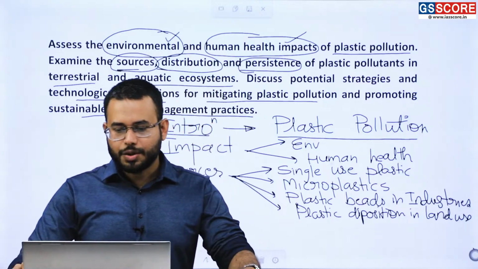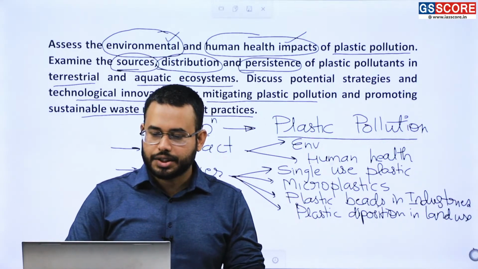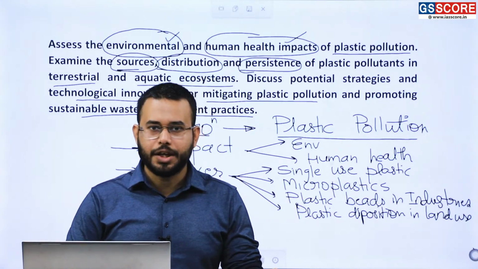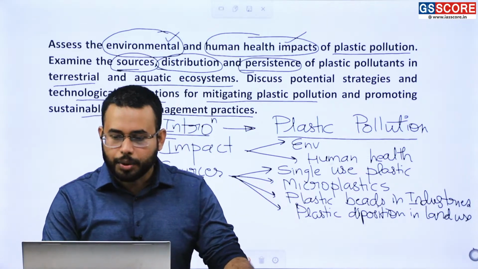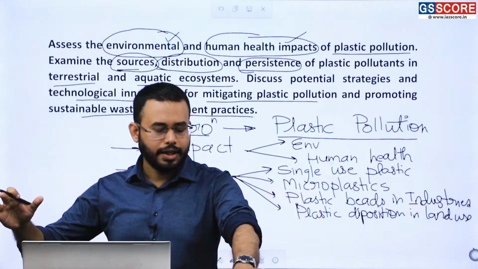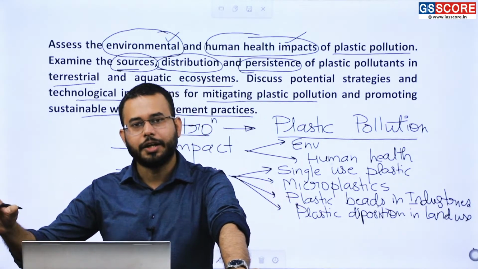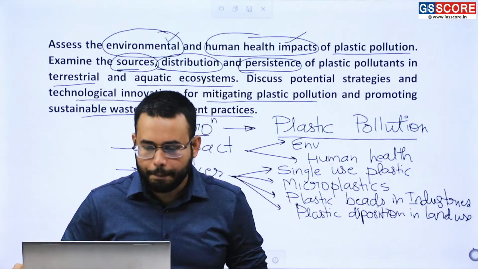A lot of investment is needed in recycling facilities, waste collection system and landfill management that helps prevent plastic leakage into environment and promotes circular economy principle. So waste management is very important, that it is collected properly and recycled properly, then we can reduce the impact.